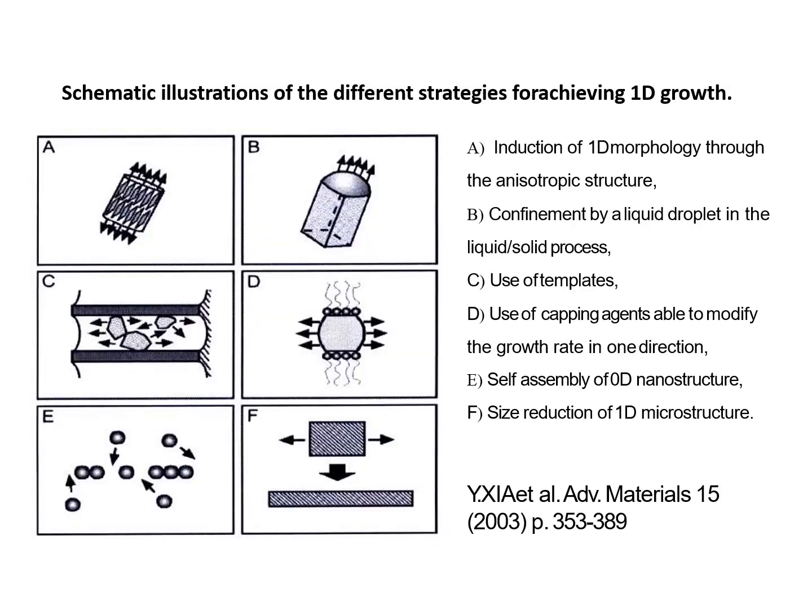The schematic illustrations of different strategies for achieving 1D growth are here. In figure A, we can see the induction of one-dimensional morphology through an anisotropic structure. In figure B, we can see confinement by a liquid droplet in a solid or liquid process.